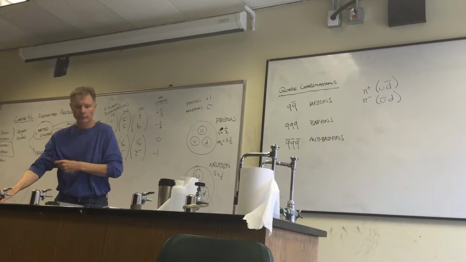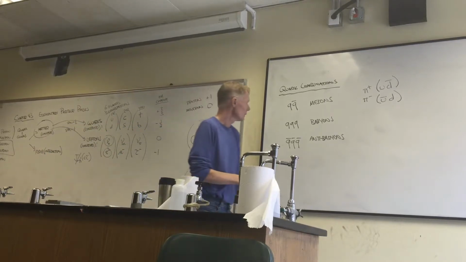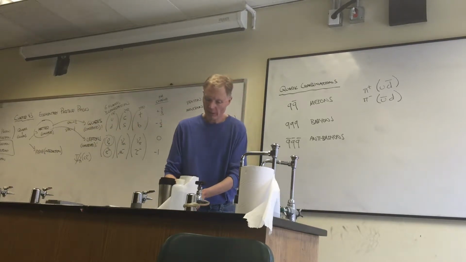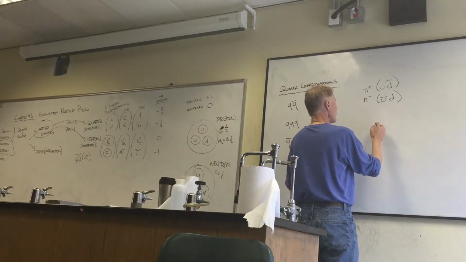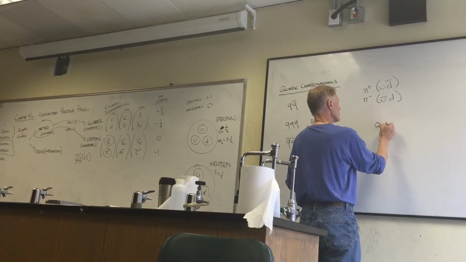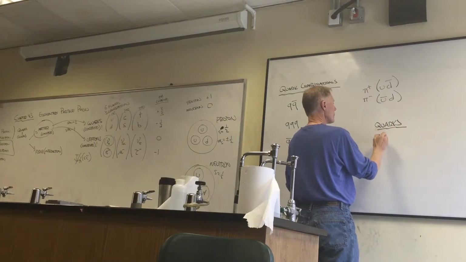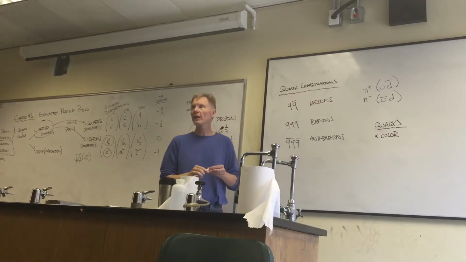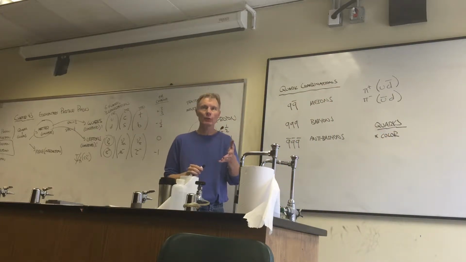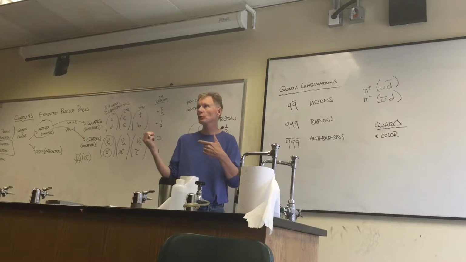Theorists came up with an idea of, okay, here's what's going on. There is a property of quarks. Quarks have a new property, and they called it color. They said that quarks have some kind of a property to them, like electromagnetic charge.